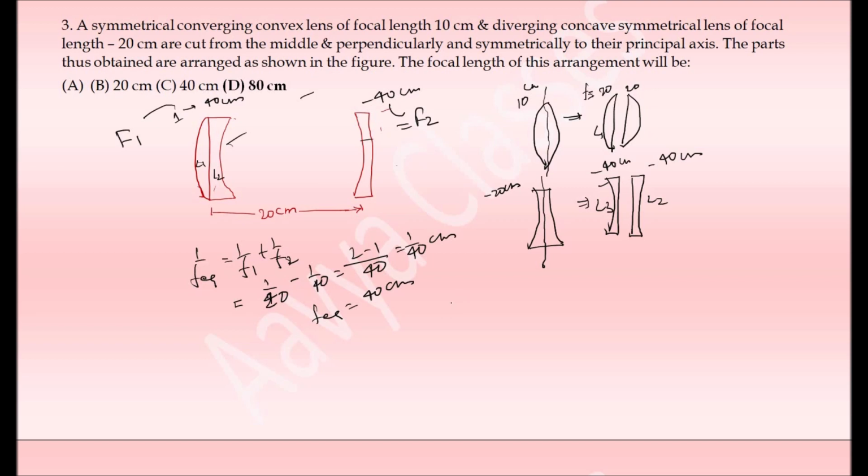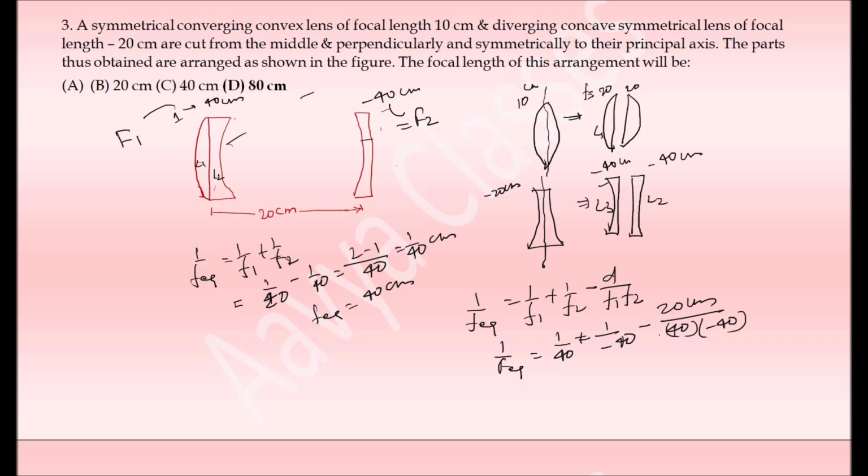As we know, if two lenses are placed at some distance D, then the focal length of the combination is 1 by F equivalent is equal to 1 by F1 plus 1 by F2 minus D by F1 F2, and you have to also consider the sign. So 1 by F equivalent is equal to 1 by 40, plus 1 by minus 40, minus D, which is 20 centimeters, divided by F1 times F2, where F1 is 40 and F2 is minus 40.